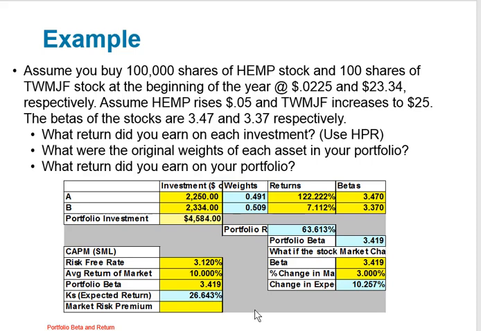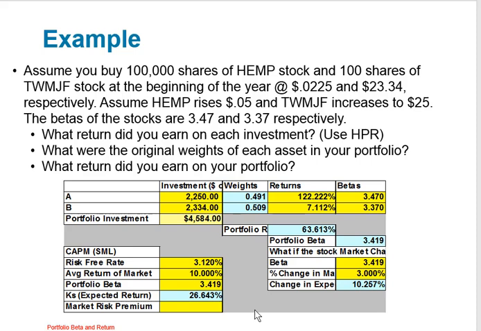At the beginning of the year, hemp was selling for 0.0225 cents a share, and the other stock was selling for $23.34. Let's assume that hemp rises to a nickel and the other stock increases to 25 cents.